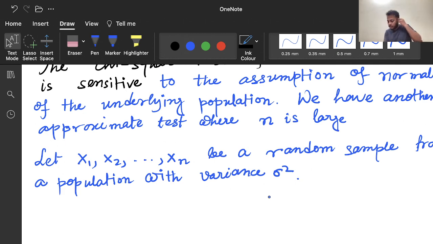The important thing here is that we are not assuming that the underlying population is normal, so we lose that assumption now. But another assumption we have taken is that n is very large.